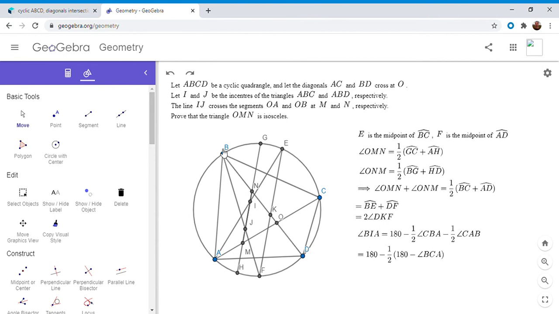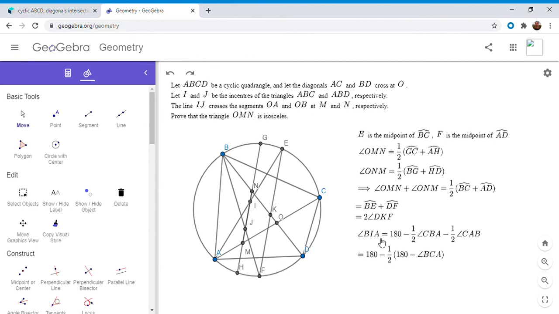So angle BIA, if we look at triangle BIA, that's 180 minus IBA, and IBA is half of CBA, and that's because I is the incenter. And then minus angle IAB, and angle IAB is half of angle CAB, because again, I is the incenter, so it lies on all the angle bisectors.